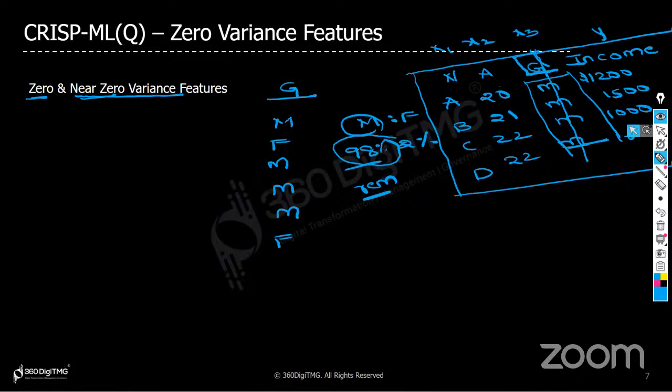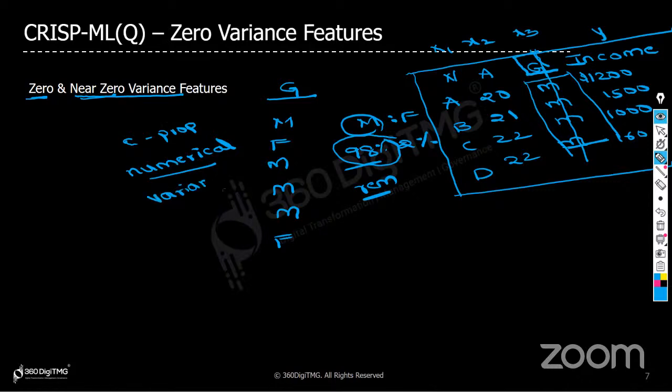Now, what we are working with here is categorical data. For categorical data, you can go for the proportion just like this. But when you have numerical data, how can you remove zero and near zero variance columns? For a numerical column, you have to go for variance.